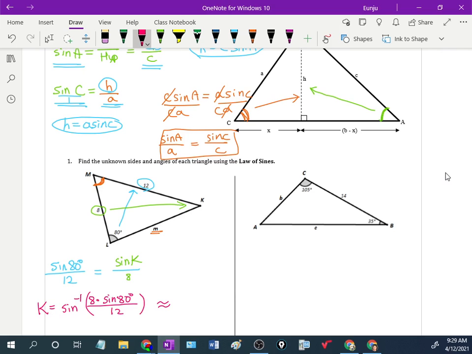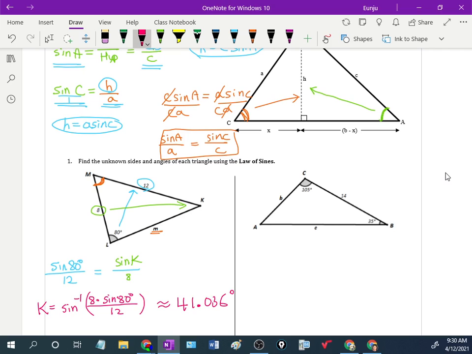You multiply those and then you get an answer, and eventually you are looking for the angle. So we must use the second button with the sine button. Okay, so let's calculate. Second sine of the numerator, 8 sine 80 degrees divided by 12, and I can get about 41.036 degrees. Okay, so that is the measure of the angle K.